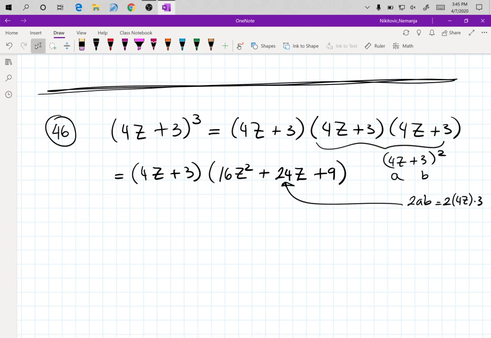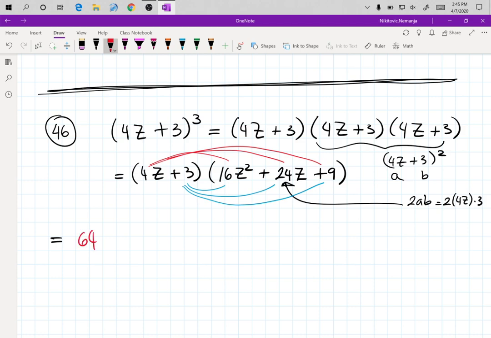Alright, now I need to FOIL. 4z here and there, and then the blue one's 3 goes into each one of these. All right, so the red one. 4 times 16, that's 64z cubed.